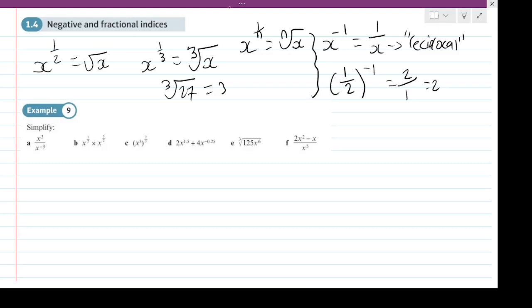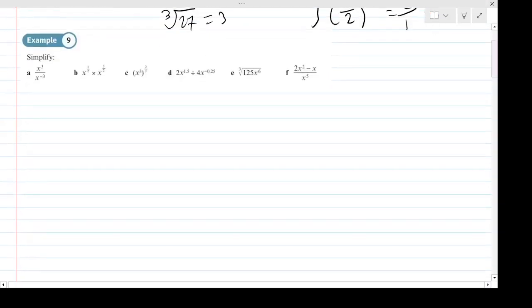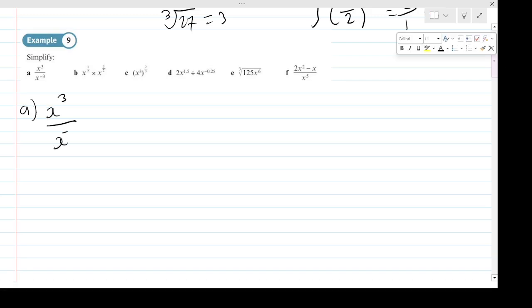Okay, so let's have a look at some examples with this in action. So the first question, part A, we need to simplify x to the 3 over x to the minus 3. So again, this is going to combine the index laws we looked at earlier in the chapter with our new two indices, the two index laws where we have fractional and negative indices.